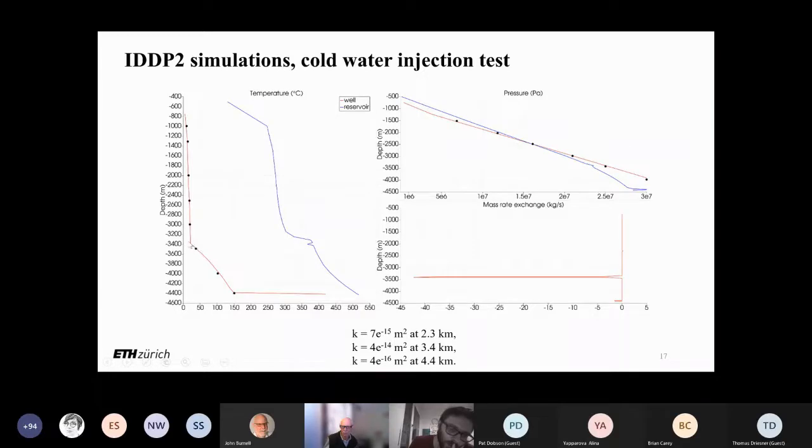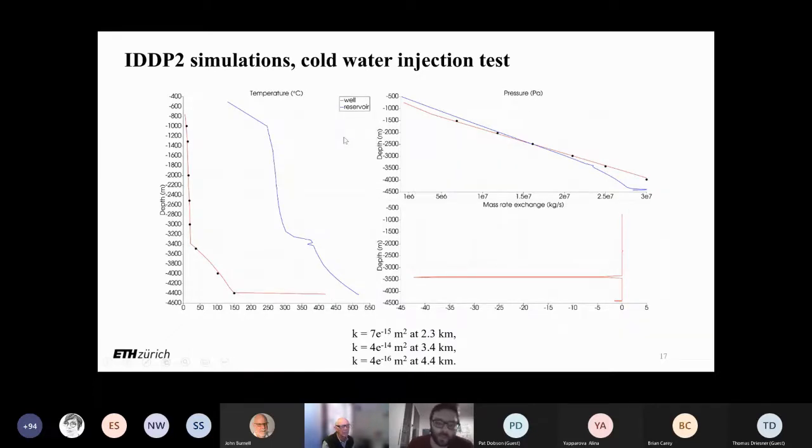And so suddenly you have a much smaller advection of cold water down in this part of the well, so there is a bigger component of heating due to diffusion between the reservoir and the well. And so you have this sort of temperature profile. Now here you have such a high flow rate that you basically have isothermal flow at around 30 degrees. And then you have another slight drop at the end.